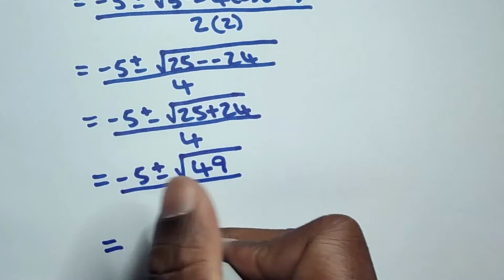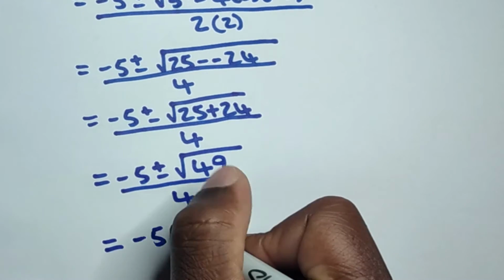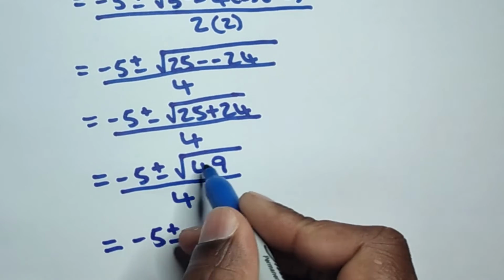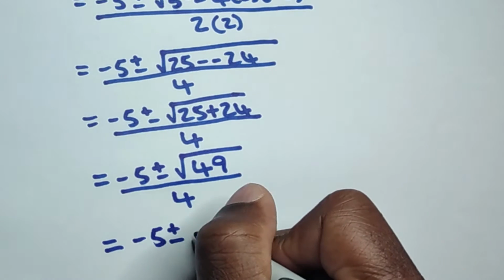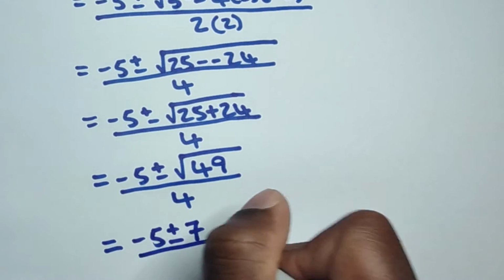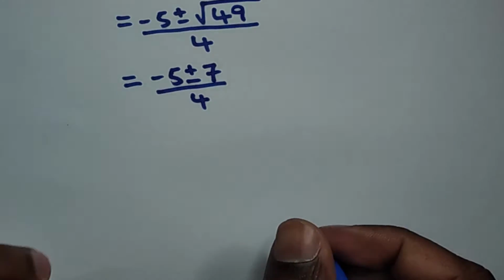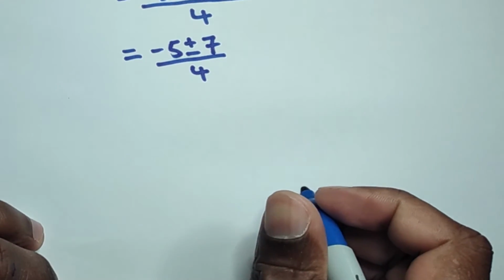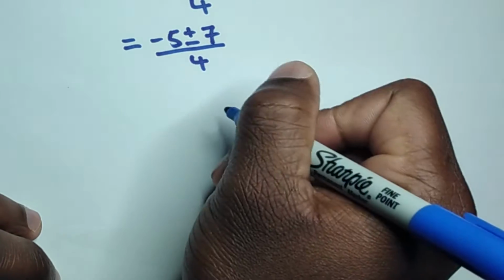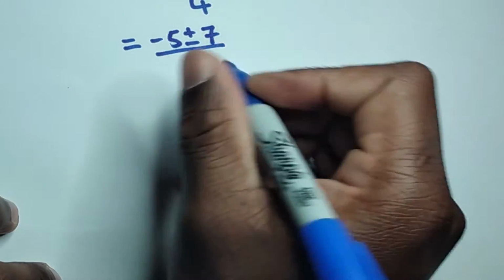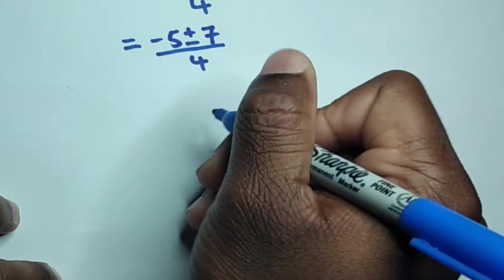All right, what do we have now? So we have negative 5 plus or minus the square root of 49, that's 7, over 4. And we're traveling well. So what we can do now is to split this, being that we have a plus or minus sign here.